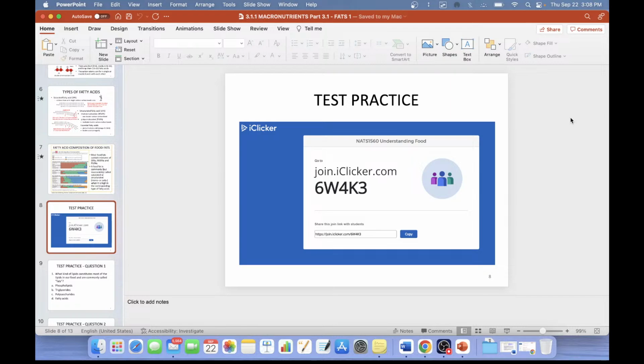It's triglycerides. What we normally call fats are triglycerides. Some people have answered fatty acids, and that's not completely wrong. Fatty acids are the building blocks of triglycerides. But when we talk about fats, we commonly refer to triglycerides.